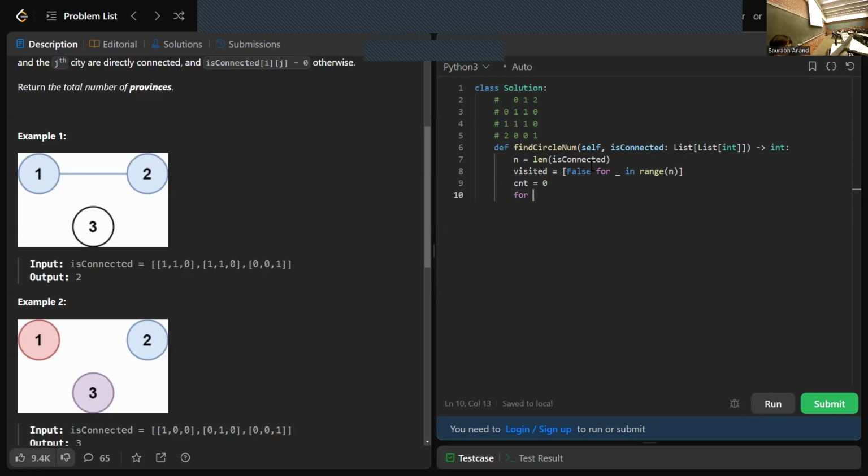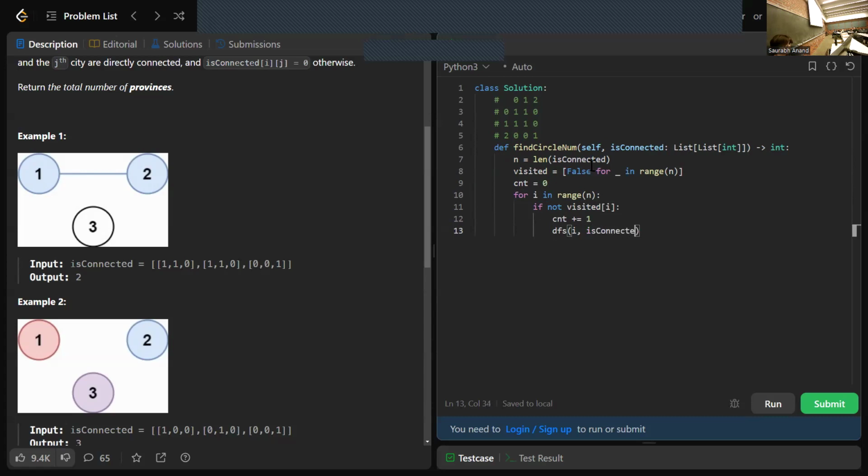Then we're going to loop over all our vertices, so for i in range n. If we haven't already visited it, if i is unvisited, then we need to visit it, and that counts as a new component. So we'll say count plus equals 1, that's a new component we found. Then we'll call this function that we haven't defined yet, DFS, where we need to give it what vertex it's trying to start exploring from.